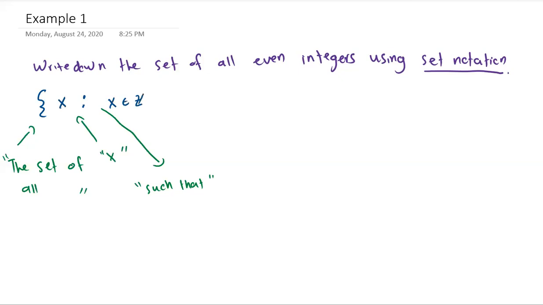We know that we can write that X is an integer if we just write X is an element of this symbol. But it also has to be even. So we can just write and X is even. And then what you write after the colon is whatever defining properties you have for the set.